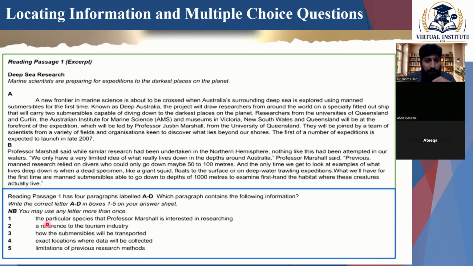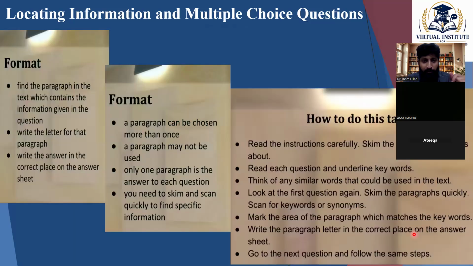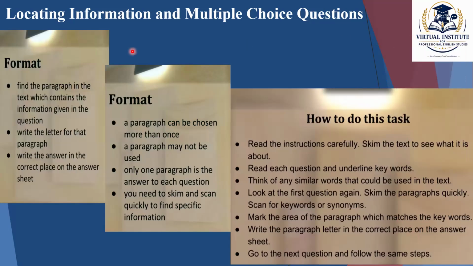For example, the information in question number one and question number two both lie in paragraph B. So you can use B for both one and two. Are you getting my point? Is it clear? Okay. So this is how it should be done. Now let's move to the next slide. Okay. Format. So the format of, excuse me.